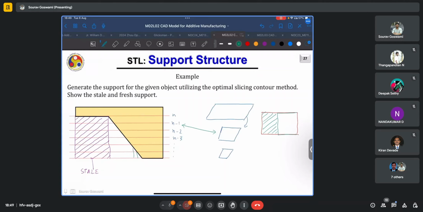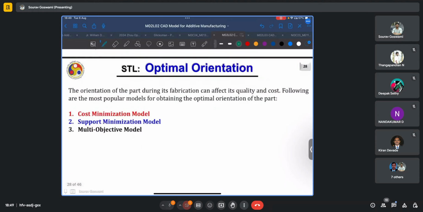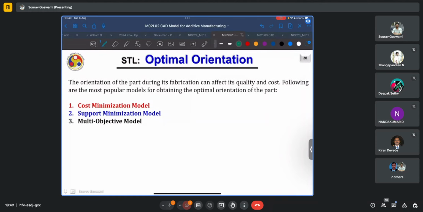Thus, it might be thought that these supports are generated in anticipation of the upcoming layers. These are called fresh supports, and they are immediately used. That is, they support the deposition of the immediate next layer. We also look at a few numericals on calculating the volumes of stale and fresh supports for different geometries.